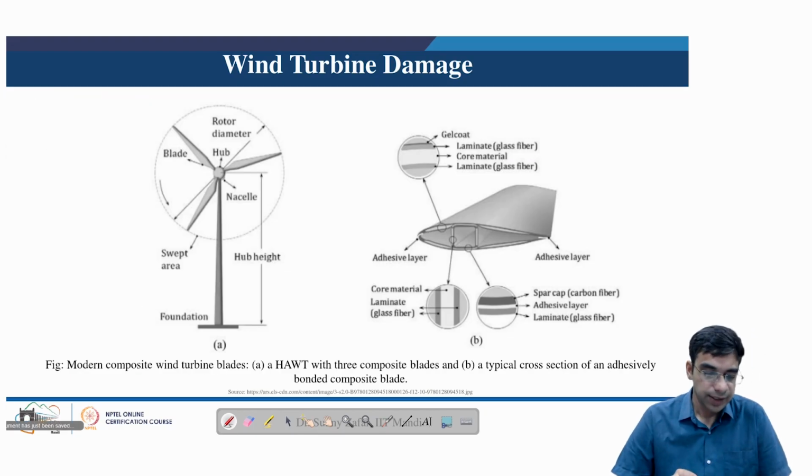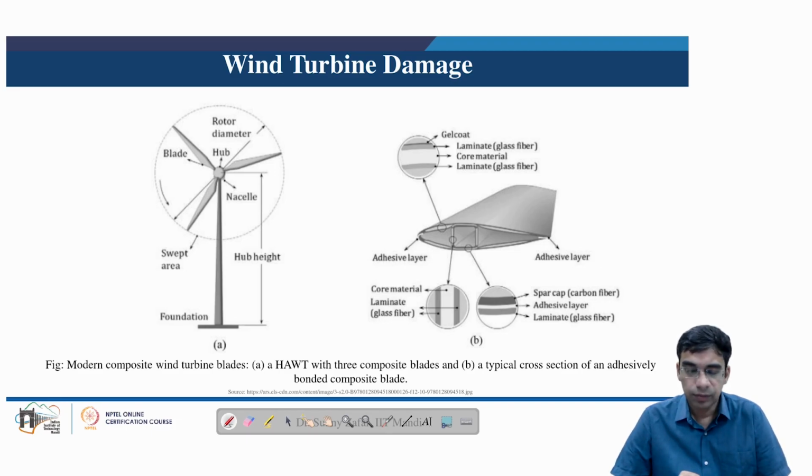So here we can see that modern wind turbine blades are made up of different types of materials which are combined together, and primarily it is the fiber reinforced plastics or composites made up of glass fiber or carbon fiber being used on the shell of the blade.